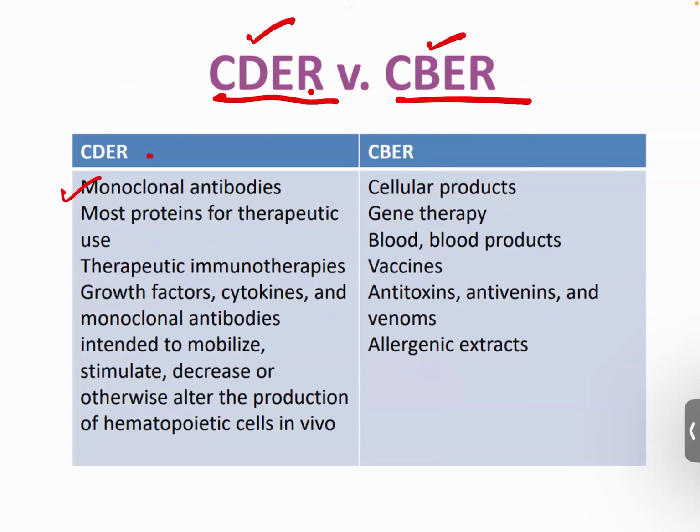For CDER: monoclonal antibodies, most proteins for therapeutic use, therapeutic immunotherapies, growth factors, even cytokines, anything which is developed in vivo. For CBER: cellular products, gene therapy products, blood and blood related products, vaccines, antitoxins, venoms, allergenic extracts.